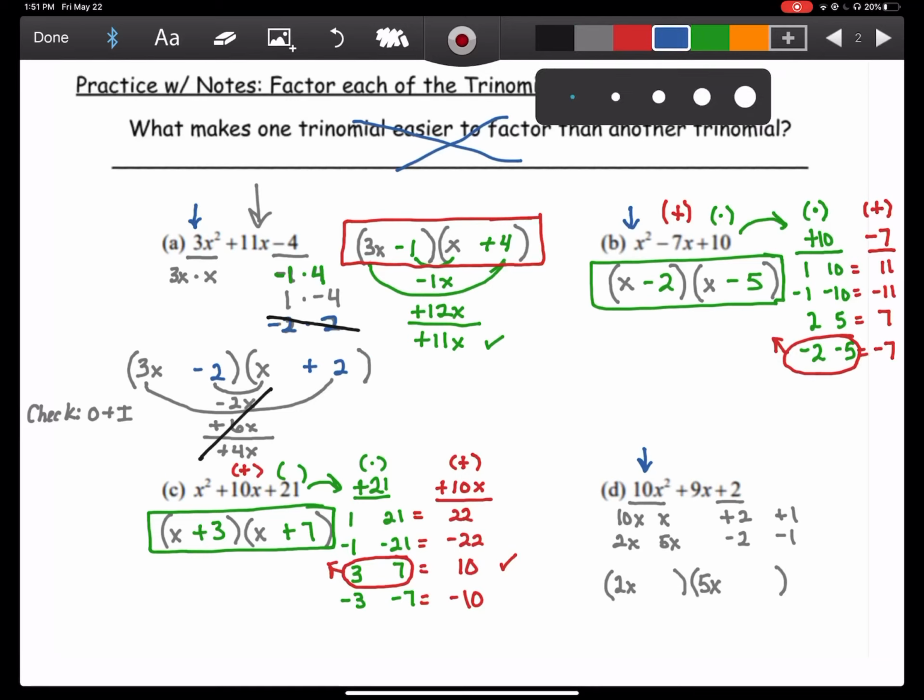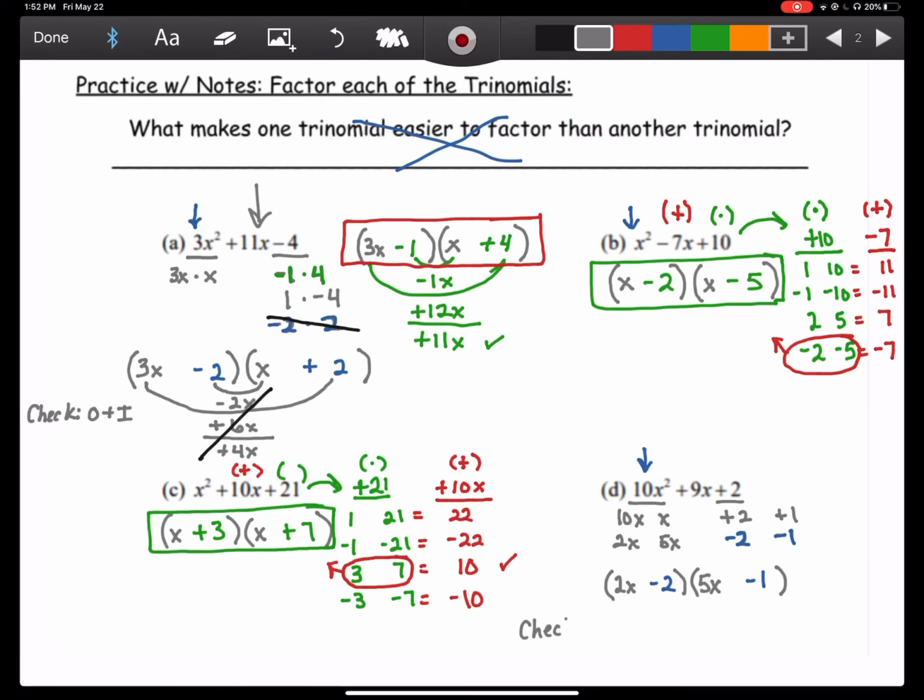So let's start with negative 2 and negative 1, okay? So we put them in and we have to check our outer plus our inner. I'm going to write that off to the side again. Check outer plus inner. All right, thinking of FOIL.